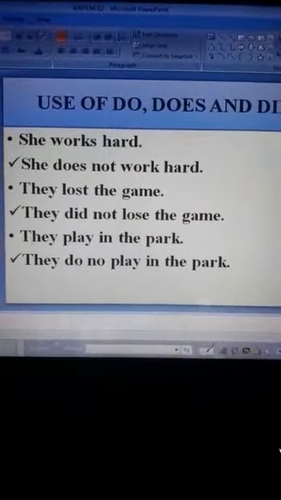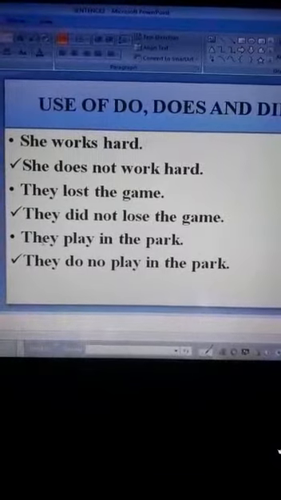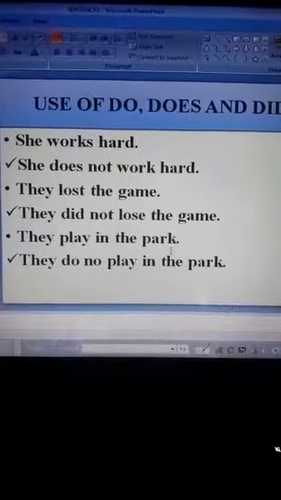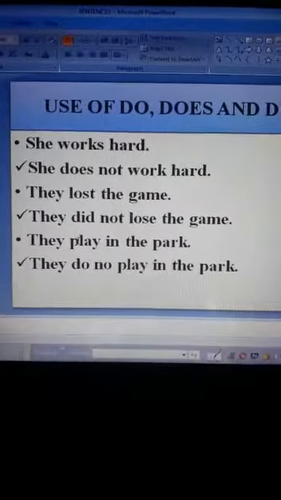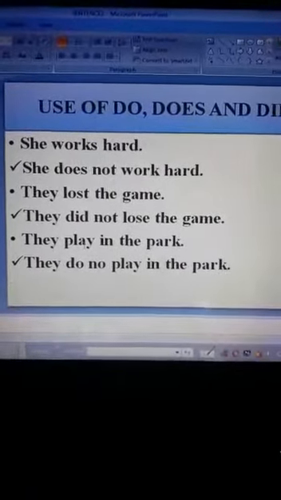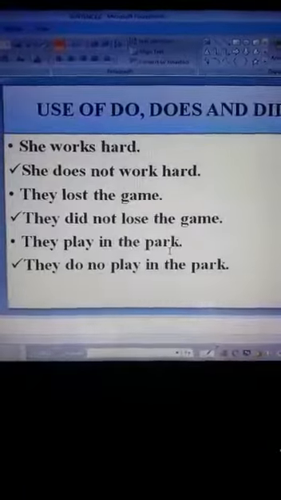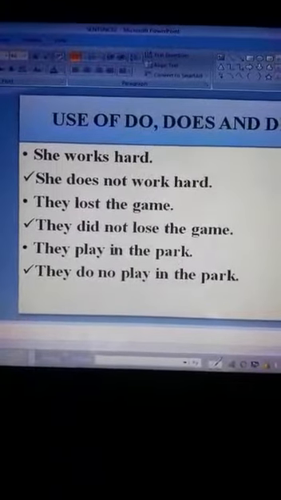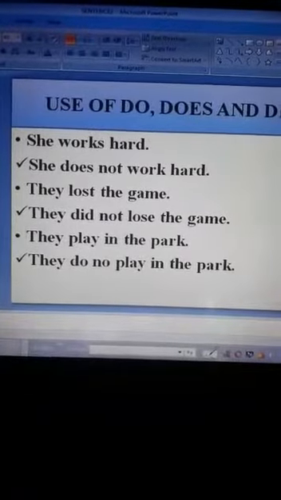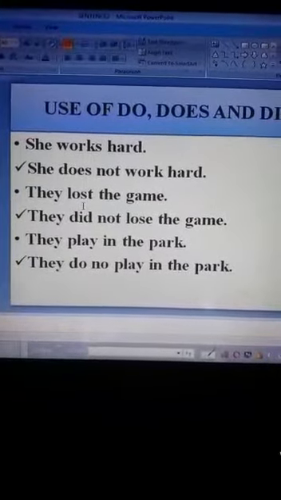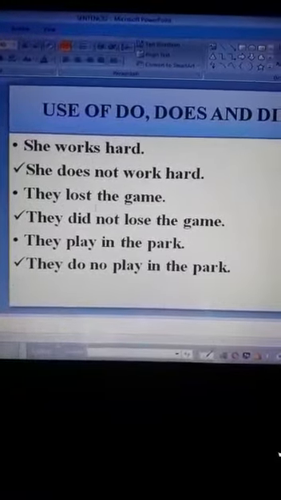Okay, similarly, let's take another example. They play in the park. Here also we do not have the helping verb, so we have to identify the tense. Which tense? Yes, again it is present tense, but for the present tense we have to see the subject. In past tense there is no need to see the subject.